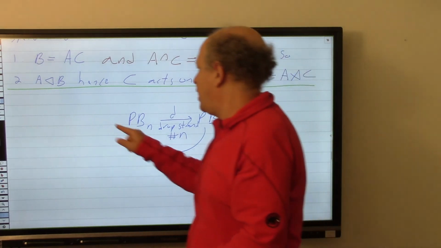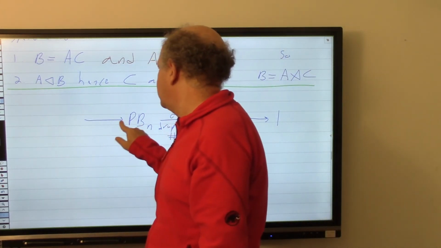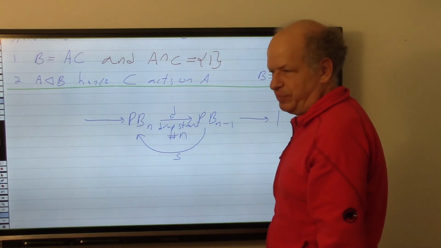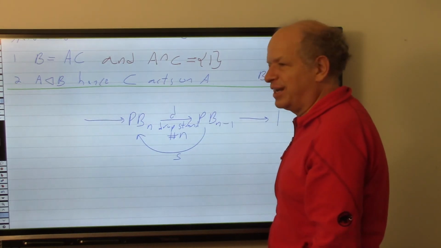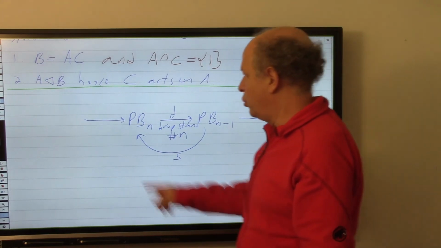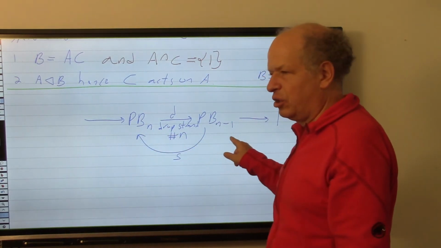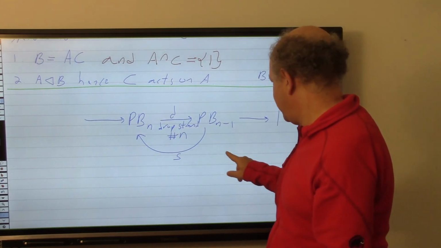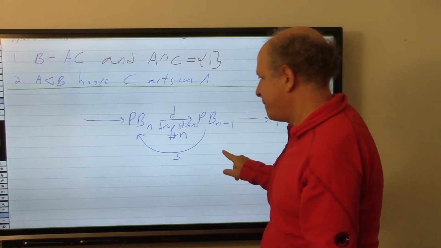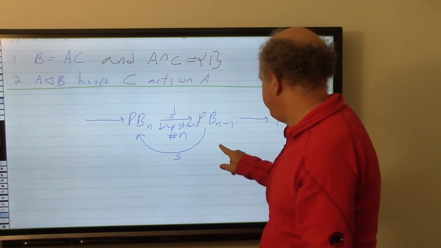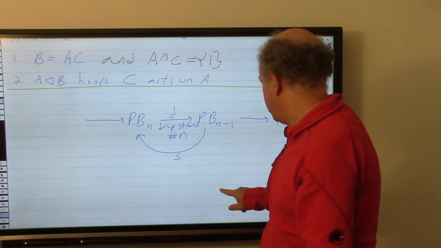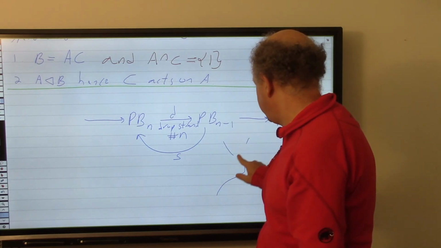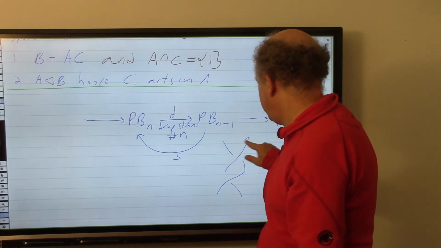But now if I want to complete it to an exact sequence, I need to tell you what the kernel is. So what is the kernel of this map? Suppose I have a braid on n minus 1 strands. Here it is.